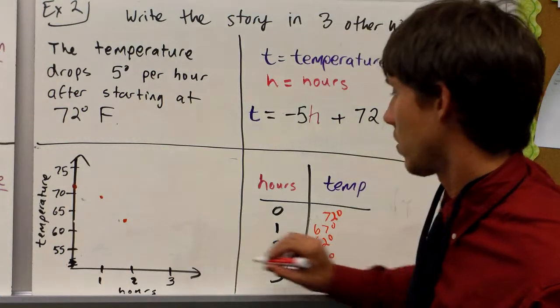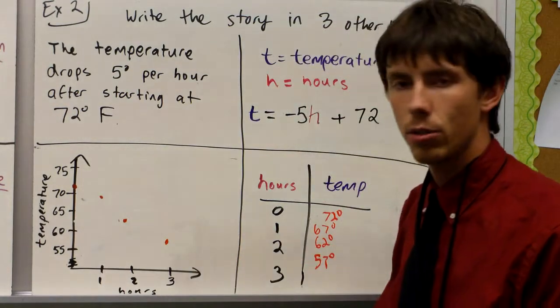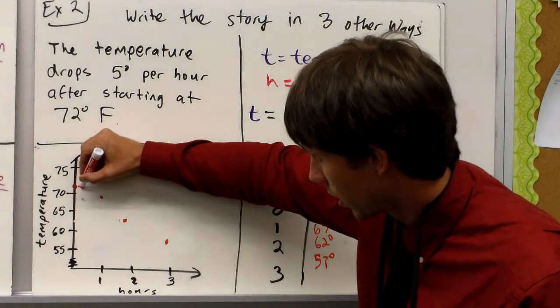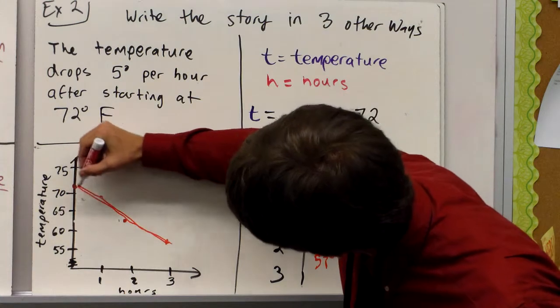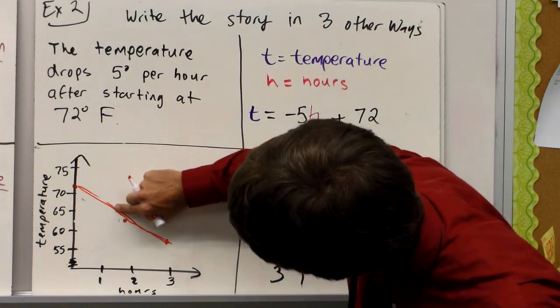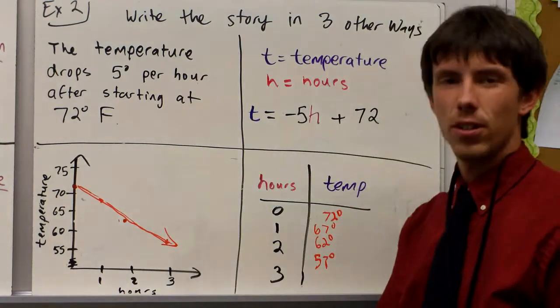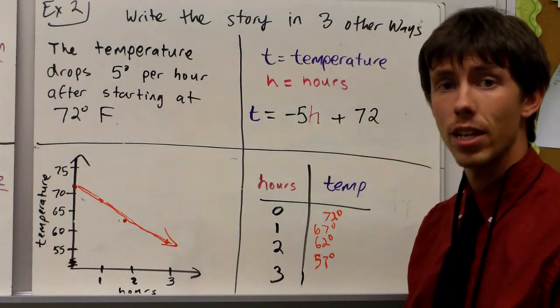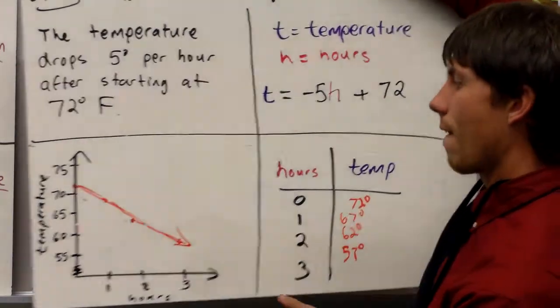And after 3 hours, the temperature is 57 degrees. What we can do is we can draw a line through all of these to make predictions. That's a little rough, but there we go. Okay, so that would be my graph that represents the temperature over time. Temperature as time goes on.